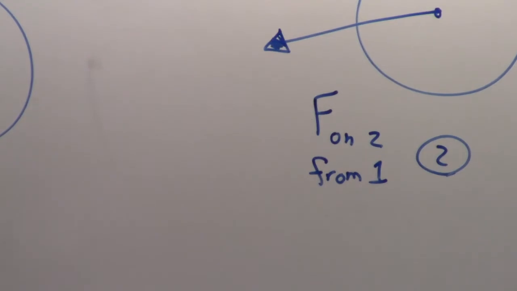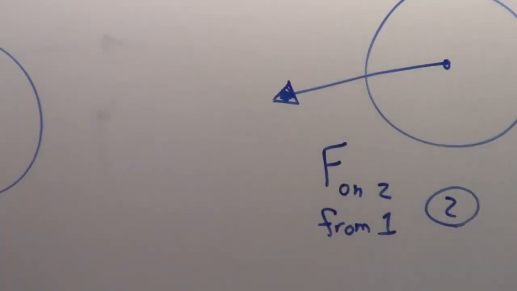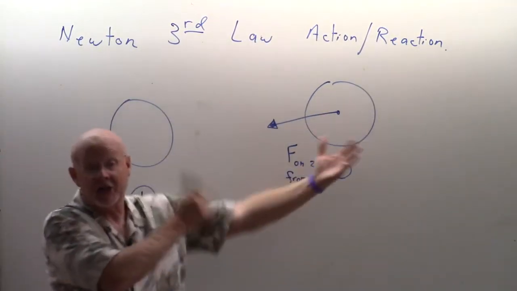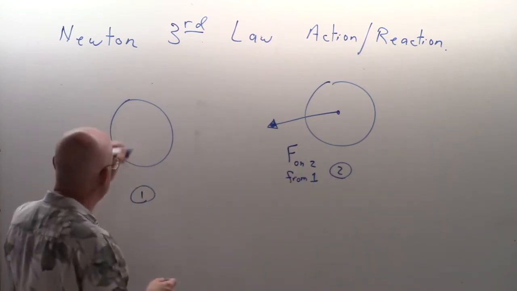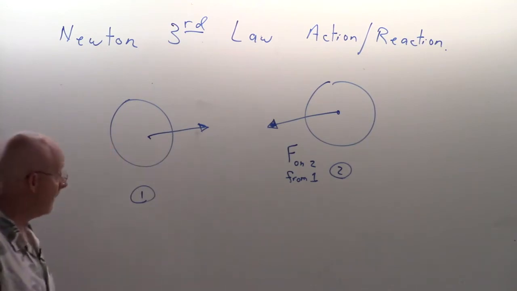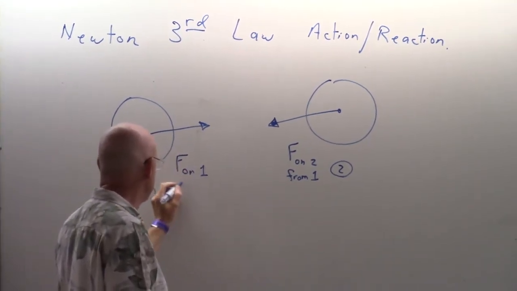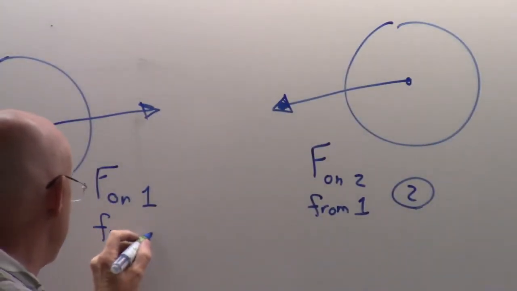And those prepositions are going to be extremely important, because the action-reaction is saying that number 1 is putting an action on this. It is pulling on this one. But then number 2 is pulling on number 1.